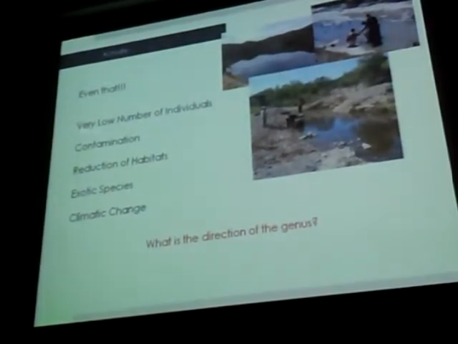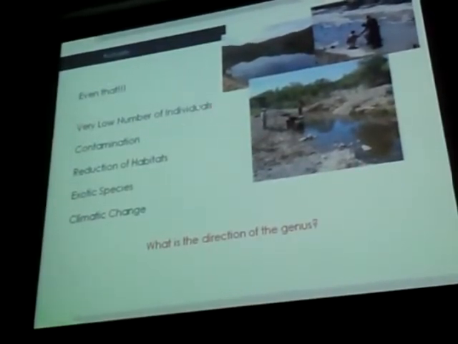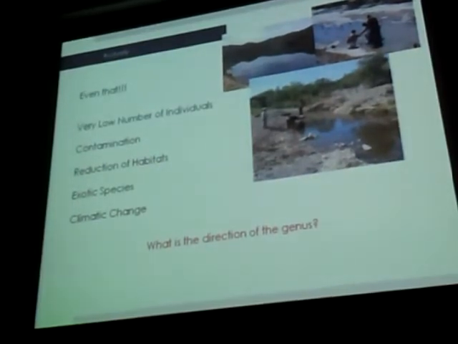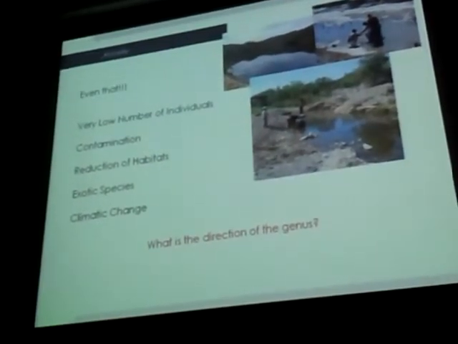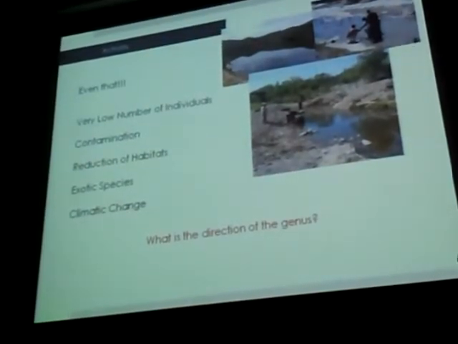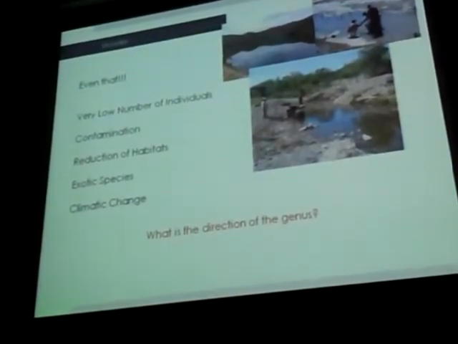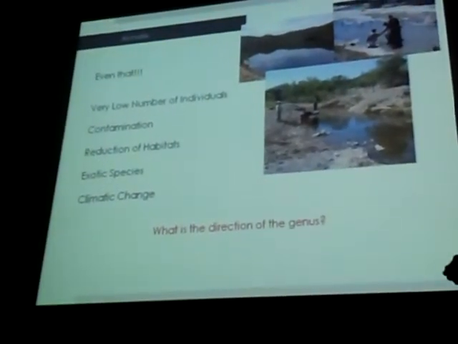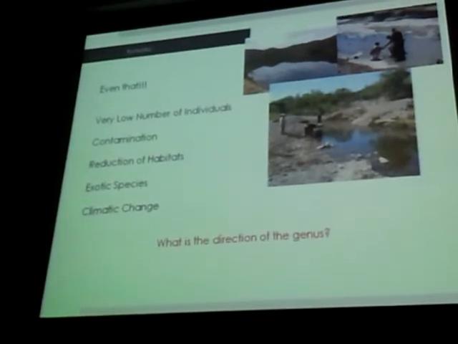There is a very low number of individuals of the three species and the other species. The contamination of the bodies of water, the reduction and desiccation of the habitats, the introduction of exotic species, and the climatic change.